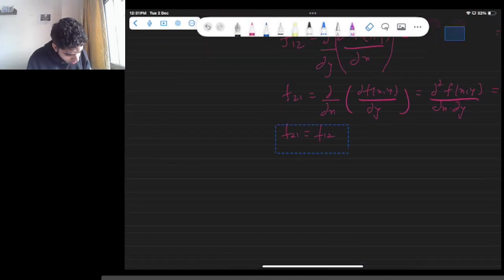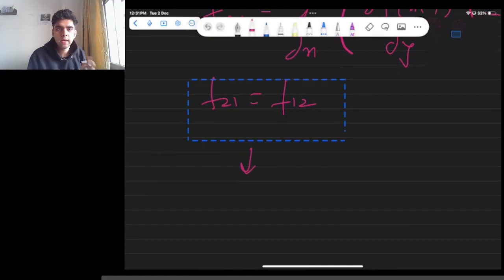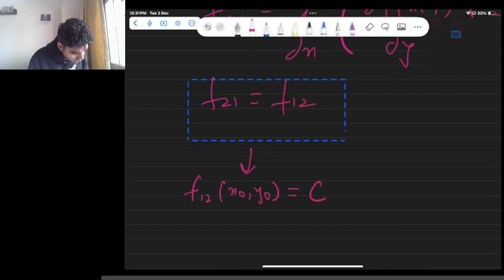Now when you will be finding this, this again will be an expression with two variables, right? x or y, or simply x, or simply y. What you will be doing is substituting your interior stationary point in this, and you will be getting a value, right? And the value will be equal to c.